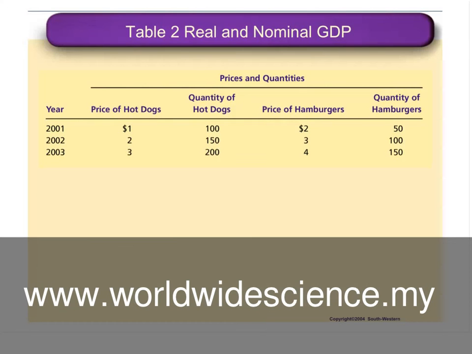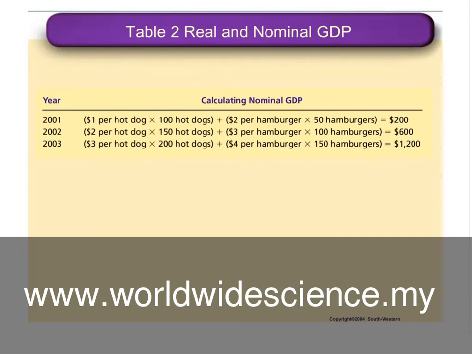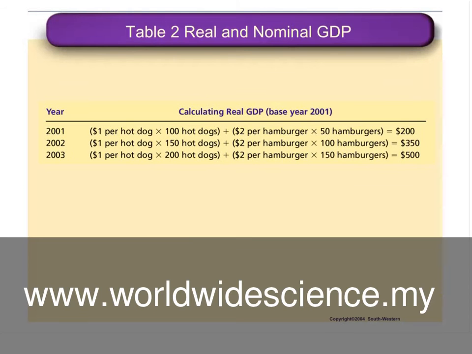So to give you an example here, we have the prices for different years and their quantities. So this is how we calculate the nominal, and this is how we calculate the real.